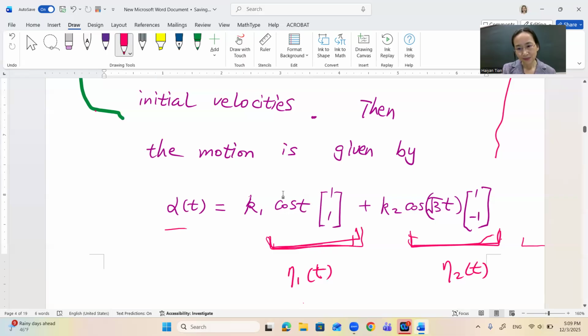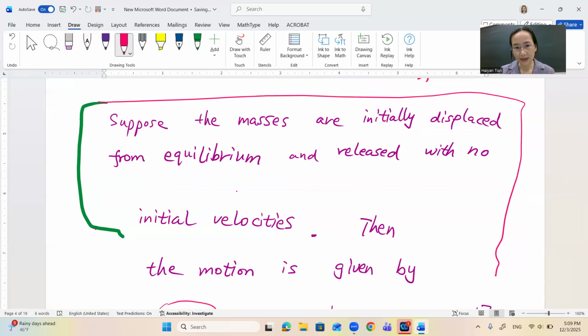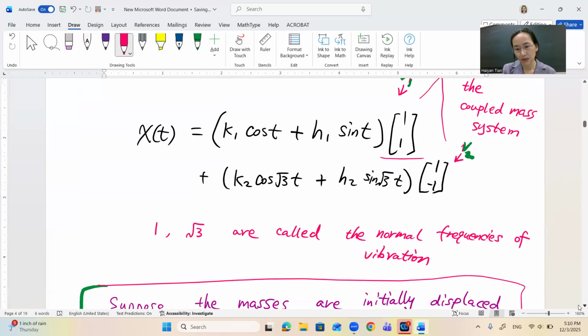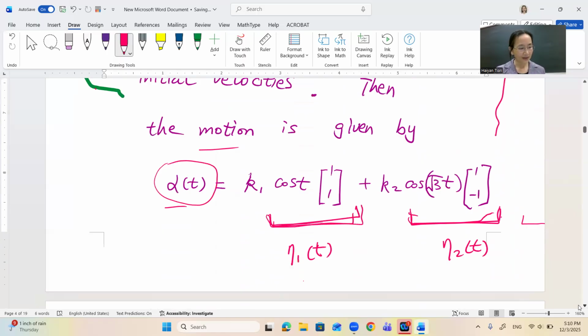Then you will have 3 normal modes, and any motion that is caused by the masses being initially displaced from equilibrium and released with 0 initial velocity, those kinds of motion will be given as a superposition of the 3 normal modes. So that is the case when you have 3 coupled masses. Okay.